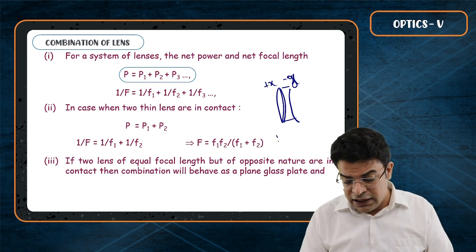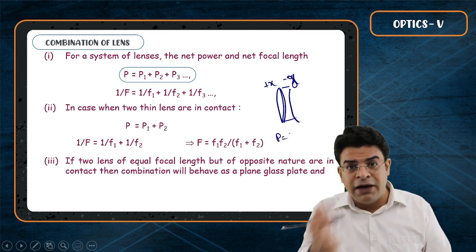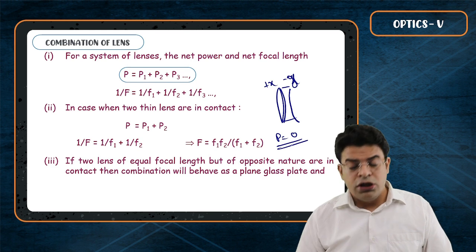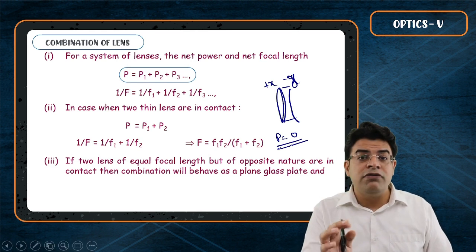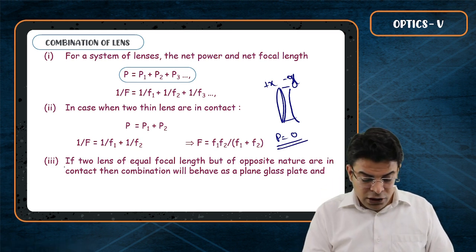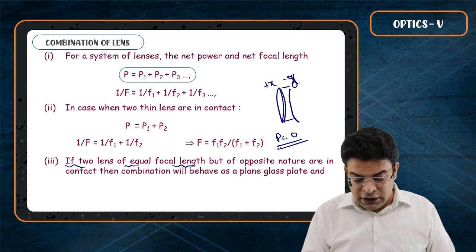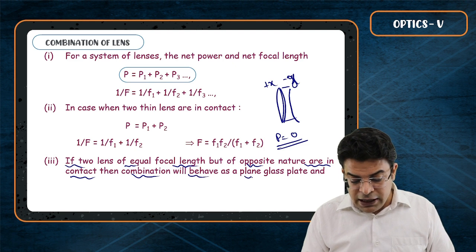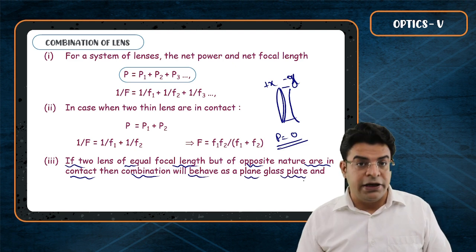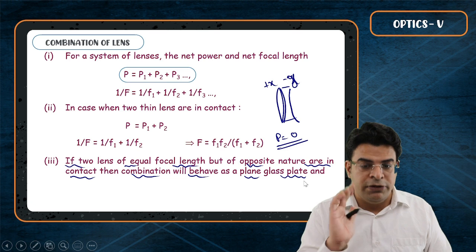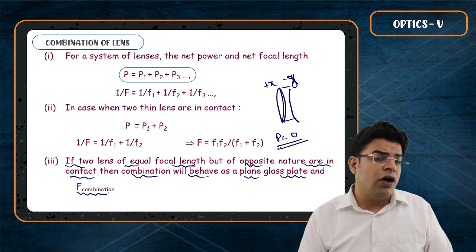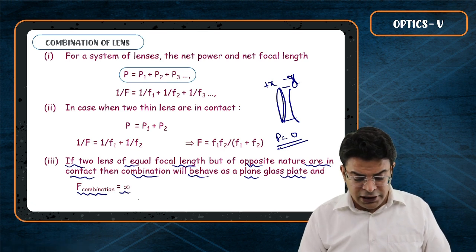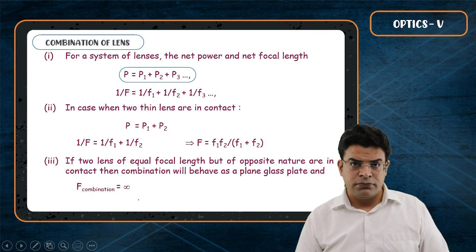So you will say that the effective power will be plus x plus minus x, that becomes 0. So if the power is 0, the focal length will be infinite. So if two lenses of equal focal length but opposite nature are in contact, then the combination will behave as a plain glass plate. Why? Because the effective power will be 0. So for such a combination, the focal length will be infinity and the power will be 0.